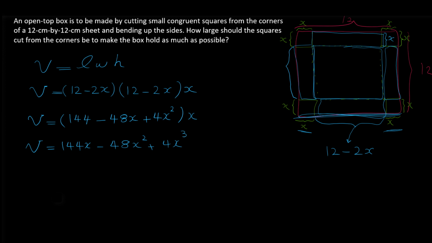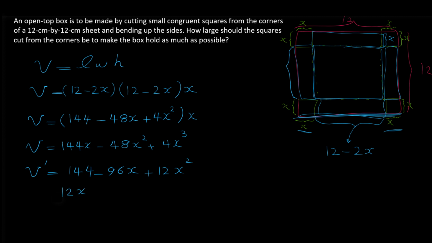For finding the value of x that maximizes this function, that maximizes the volume, we have to find the critical points. V prime is 144 minus 96x plus 12x^2. For finding the critical points, we have to set V prime equal 0.